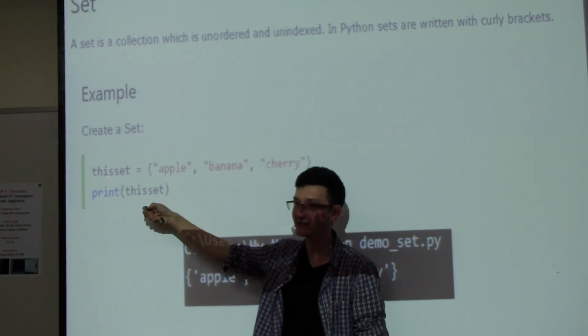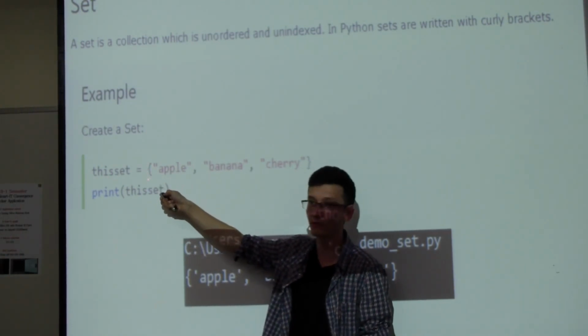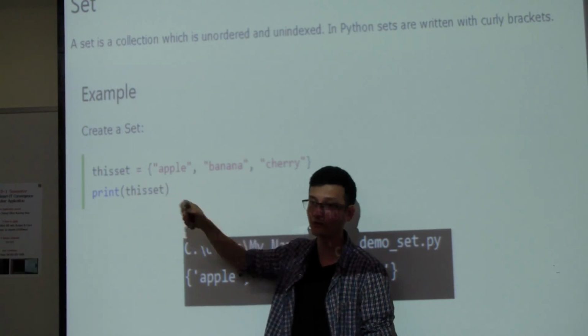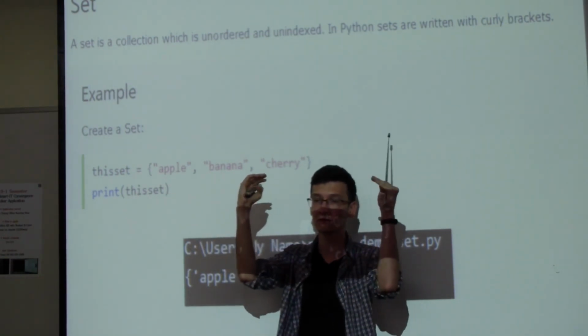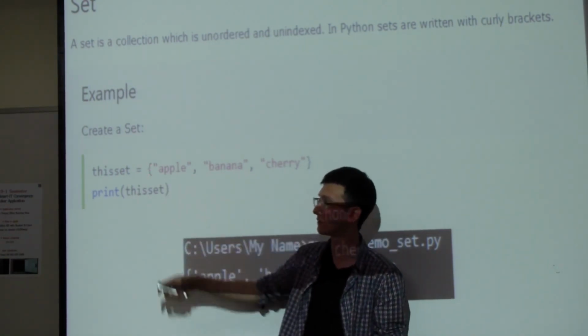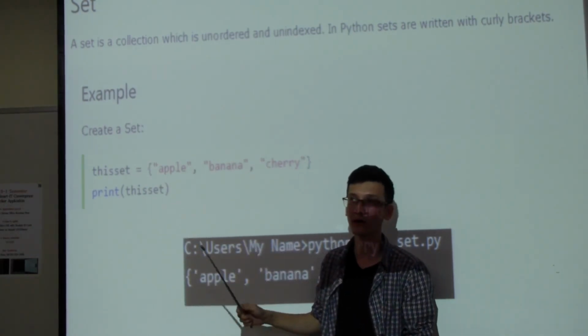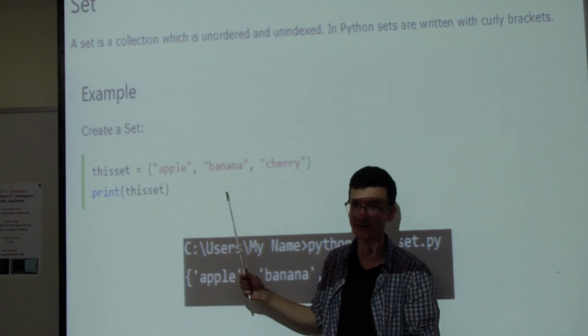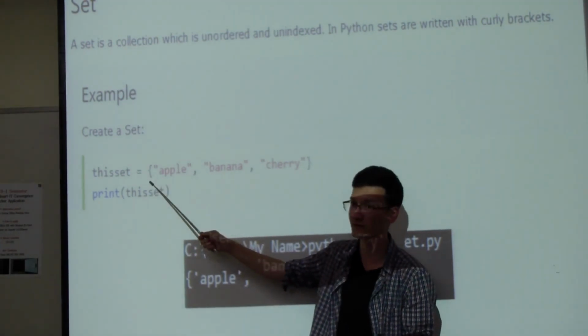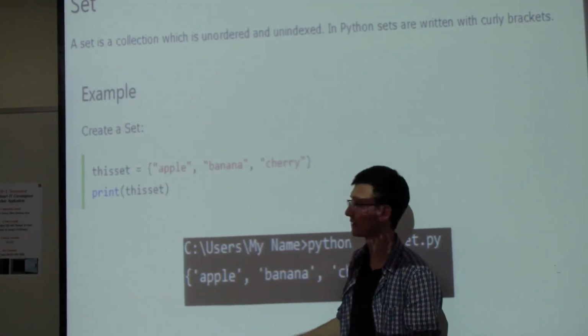This is a set because we used what? Curly brackets. Not square, not ordinary, curly. So, if we would like to create sets, we use curly brackets. Only curly? Yeah, only curly.